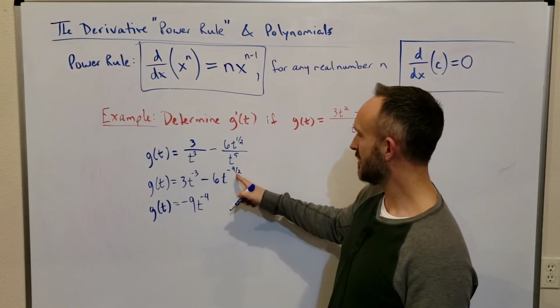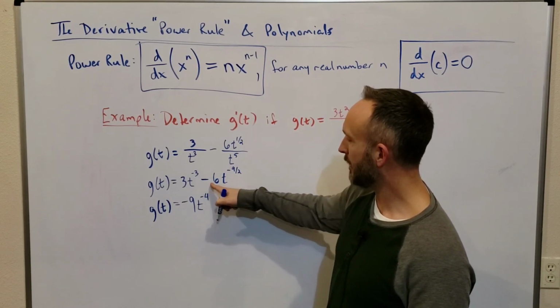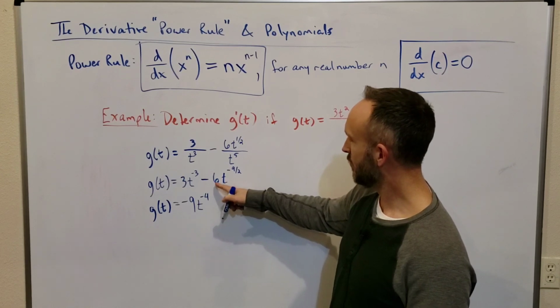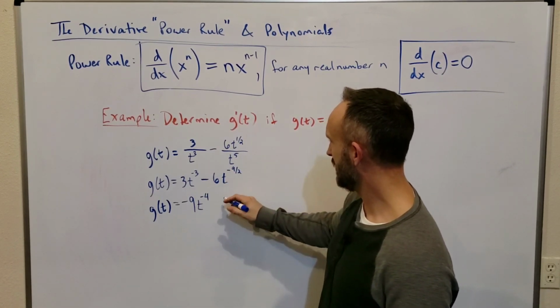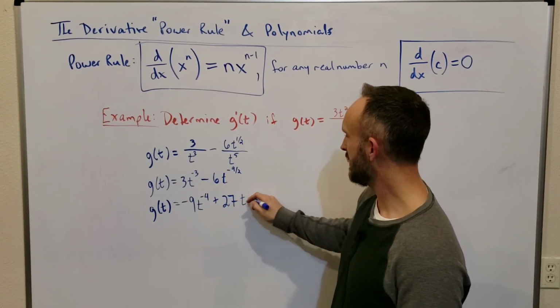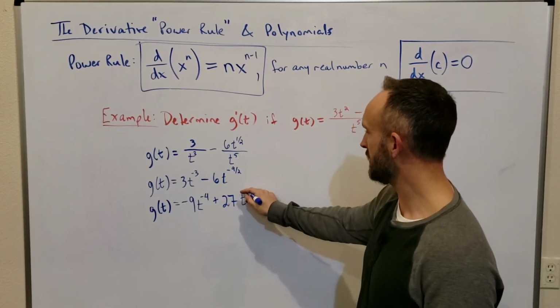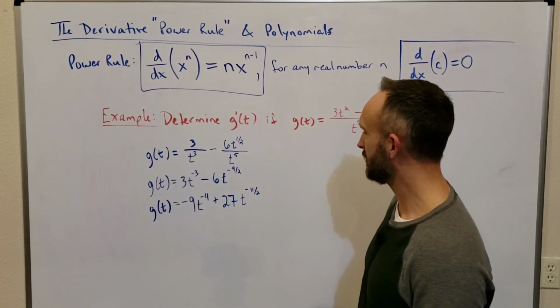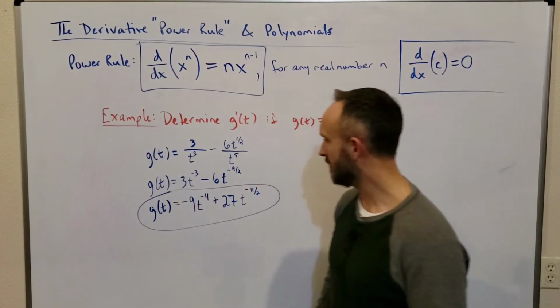Same process here. Take my negative 9 halves down, multiply it by my coefficient of negative 6, which is going to be positive 6 times 9 halves is 27, t, and then lower my exponent by 1. So I subtract 1 from this, which gives me t to the negative 11 halves. And I'm going to leave it at that, okay? We'll leave it at that.